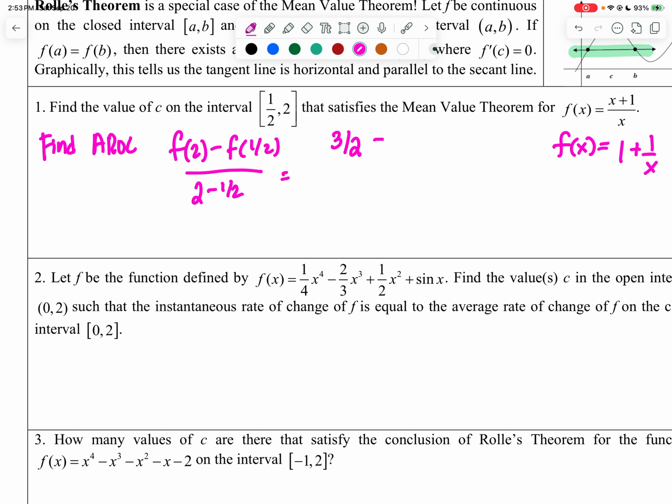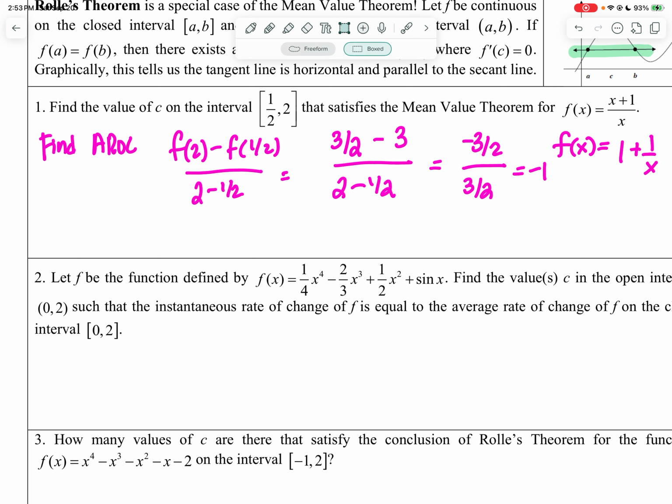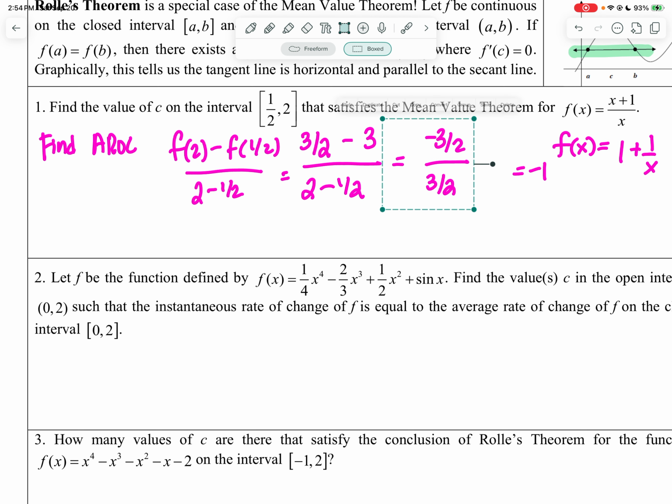And then f of 1/2, 1 plus 1 over 1/2, 1 plus 2 is 3. 3/2 minus 3 gives us negative 3/2. 2 minus 1/2 is also 3/2. So this tells me that my average rate of change from 1/2 to 2 is negative 1.